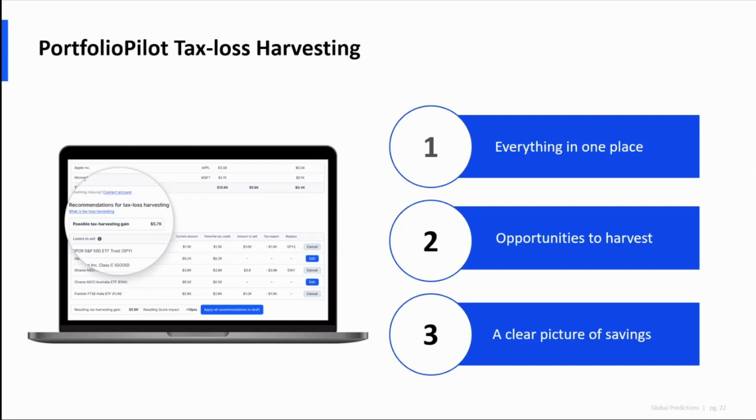The other thing in this, and we'll get into this next, is giving people a view of where there are opportunities within their portfolio to harvest. And then also just a clear picture of the savings and understanding your approximate tax burden and things like that. So let's go ahead and dig in.